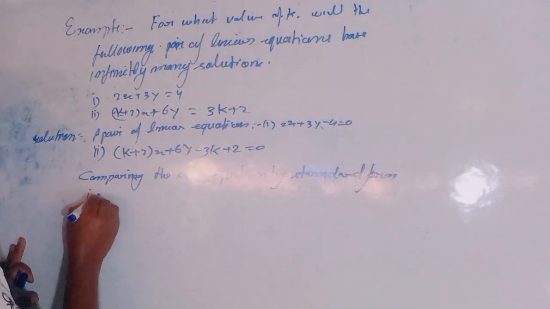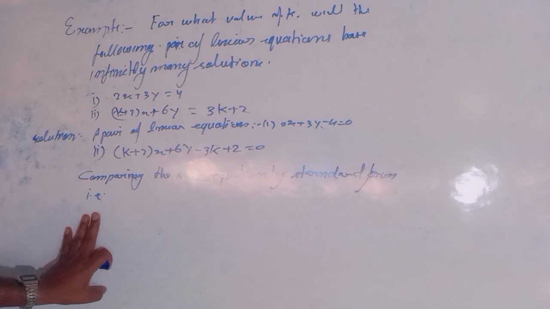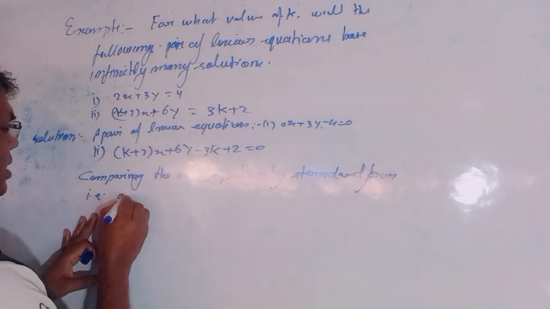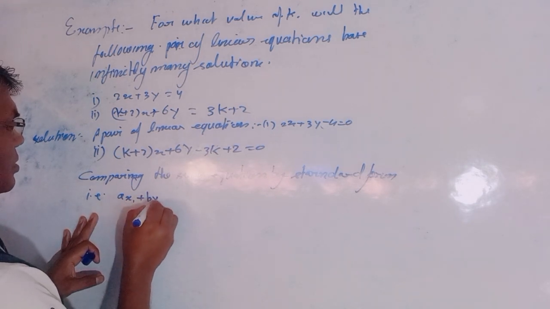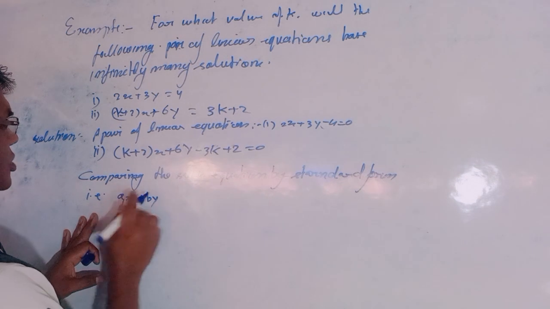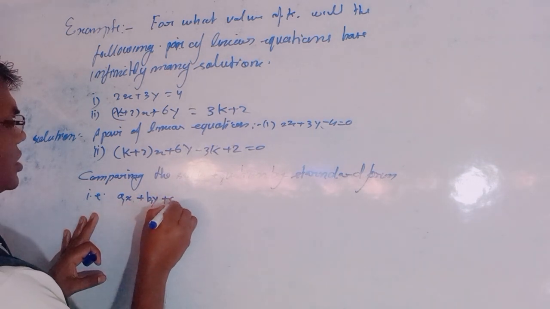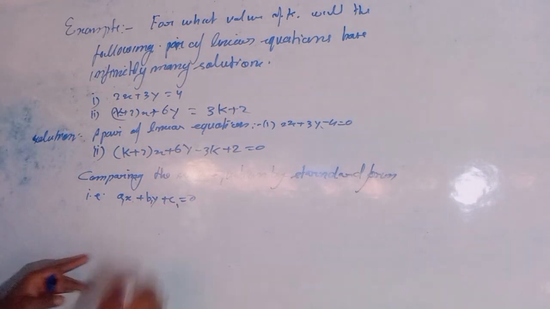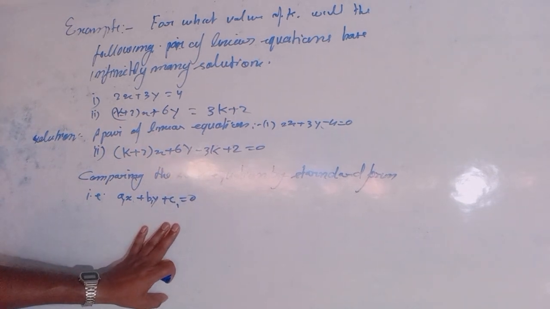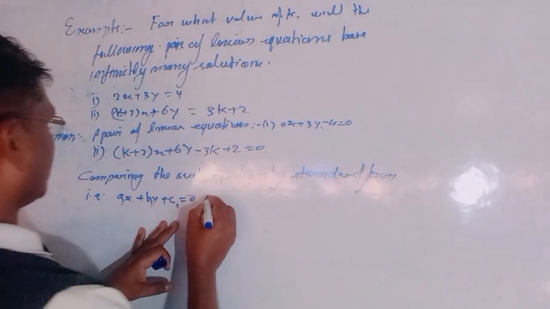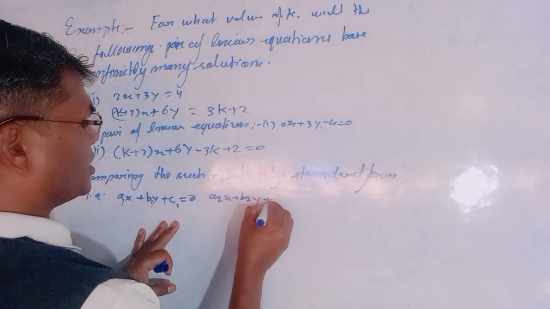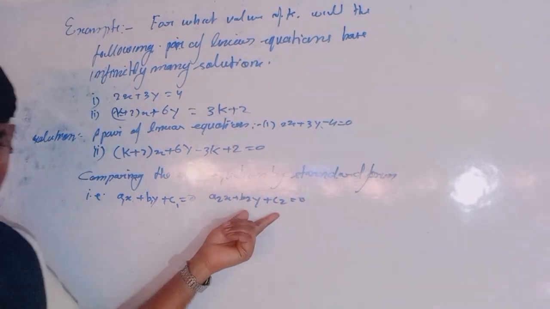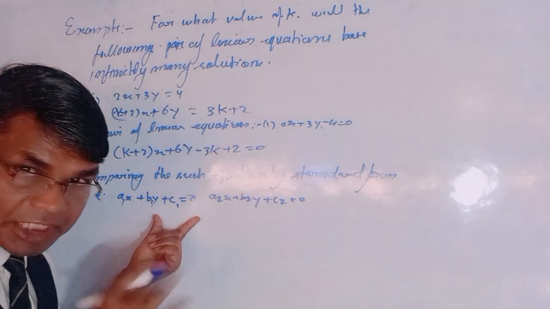That is, standard form means a1x plus b1y plus c1 is equal to 0. Okay, c1. These are the standard forms, and the second is a2x plus b2y plus c2 is equal to 0. Okay, these are the standard forms of the equations.